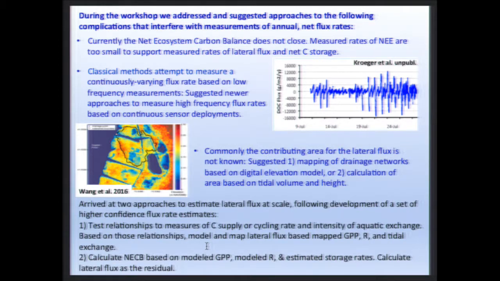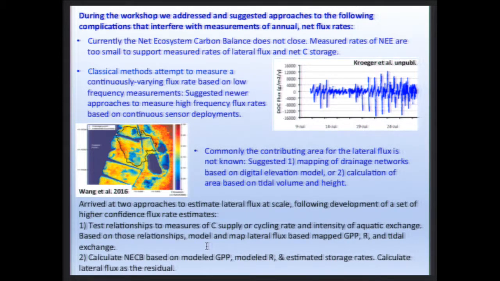We arrived at two approaches to estimate the lateral flux. The approach going forward is to test relationships to measures of carbon supply or cycling rate and intensity of aquatic exchange. And based on those relationships, model and map the lateral flux based on mapped GPP, respiration, and tidal exchange.